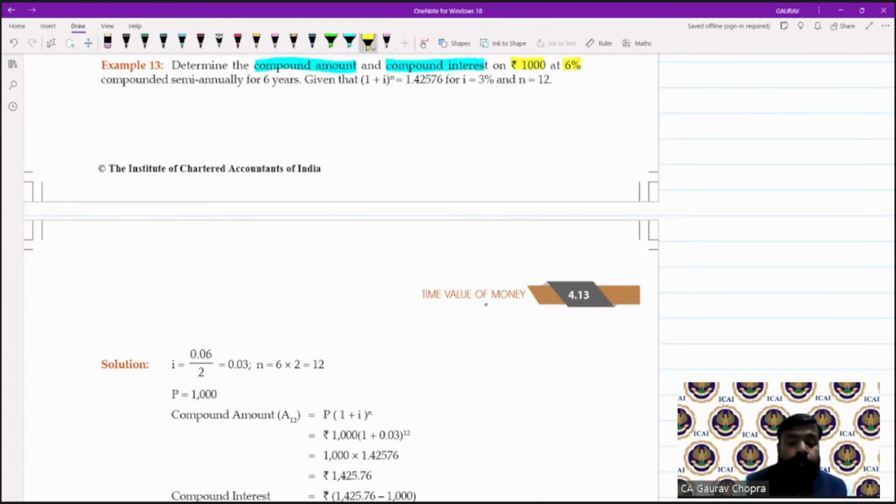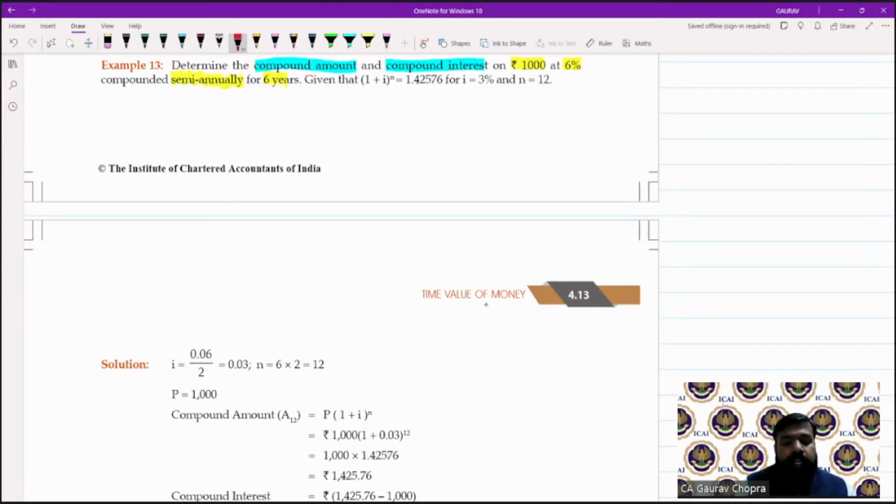So now you have to be very clear, it is compounding semi-annually, that is 2 times compounding in 1 year. Time period given is 6 years, and some calculated figures are also given. You can use this figure directly to solve.